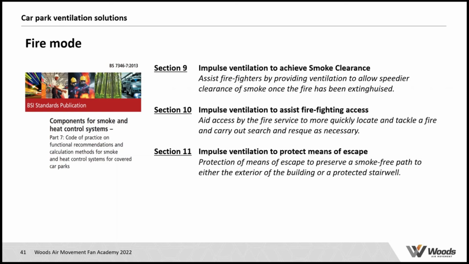So from any point within the car park, you should be able to find the nearest fire exit somewhere between 30 and 60 meters away from you. And if you look at how a fire develops in a car park, there's no reason why people should not be able to find their way out of the car park in the initial stages of a fire.